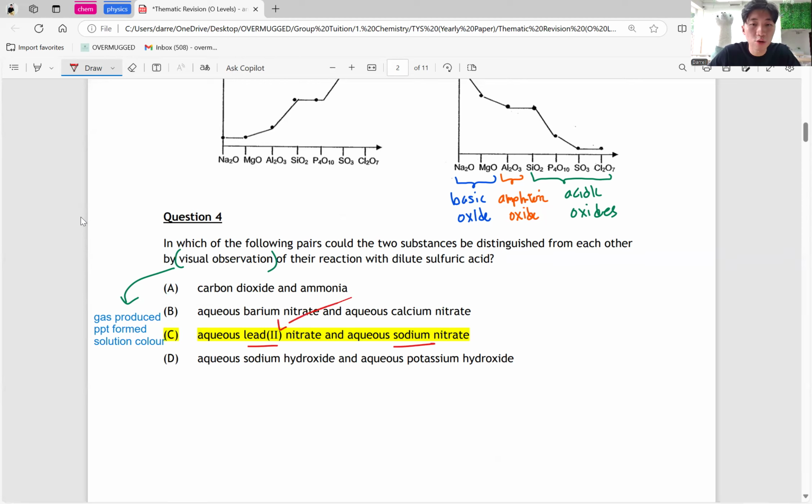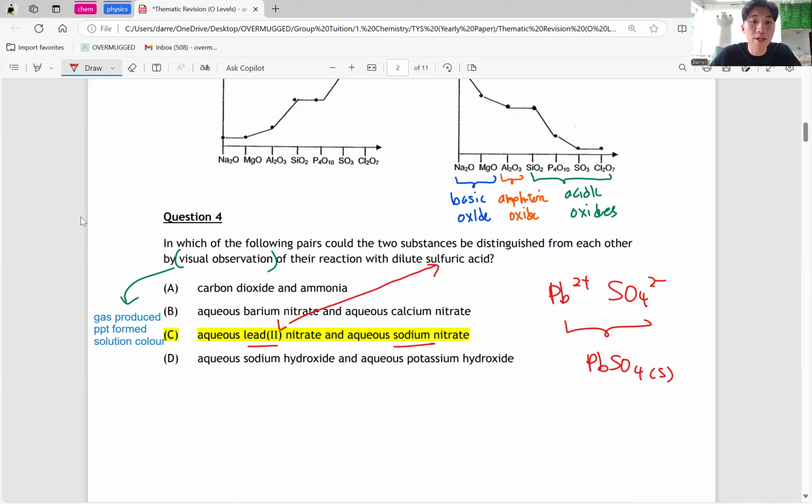And what do I need you to be able to recognize when we say lead-2 and sulfuric acid? Lead-2 is Pb2+, sulfuric acid is SO4 2-. I need you to be able to recognize that when these two ions come in contact or are placed together, precipitation happens as lead sulfate is an insoluble salt. Therefore, when you add sulfuric acid to lead-2 nitrate, you will actually get a white precipitate.